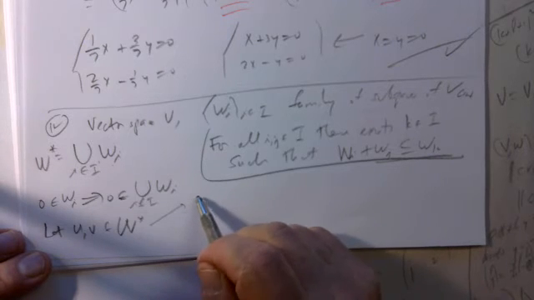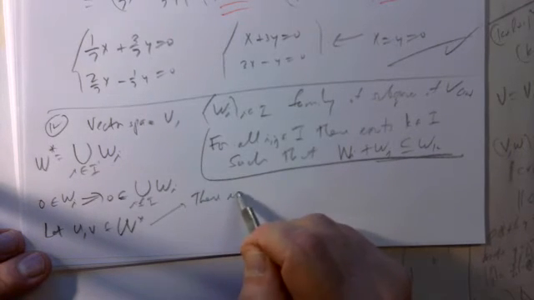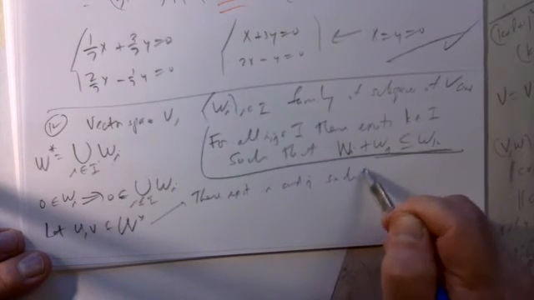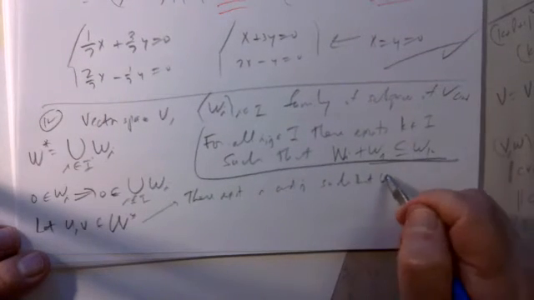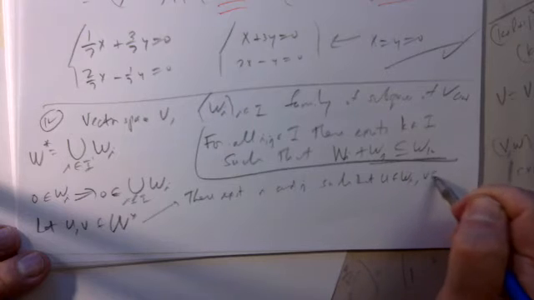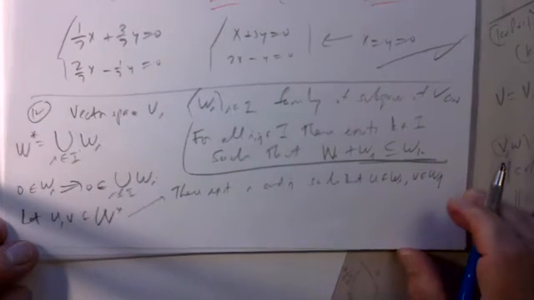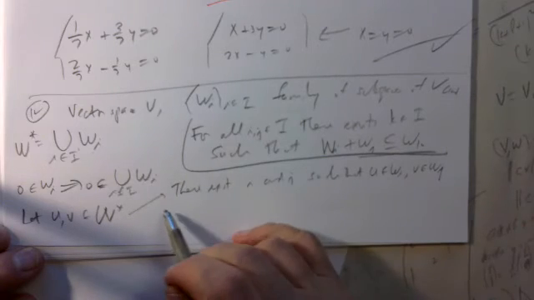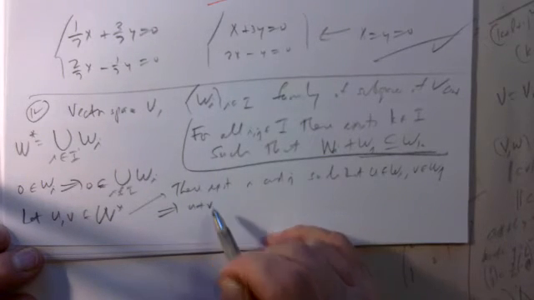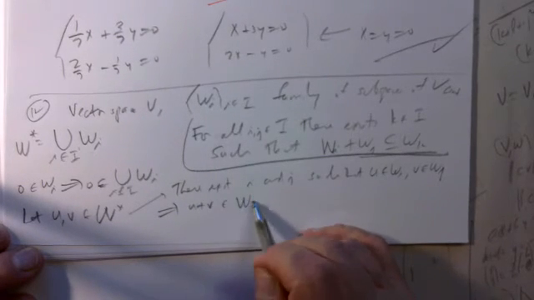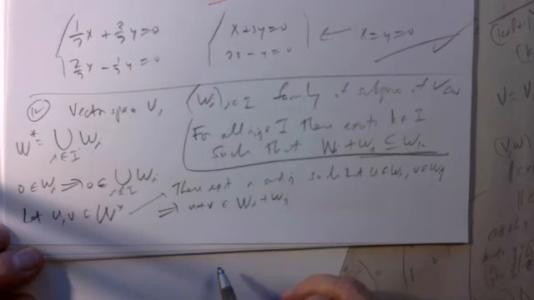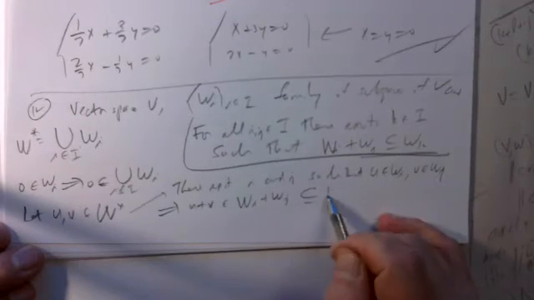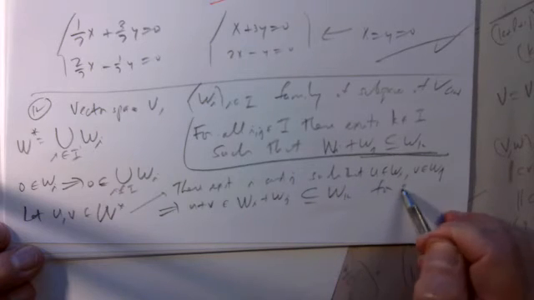So there exist i and j such that u is in Wi and v is in Wj. So u plus v, the sum of the two vectors, is in Wi plus Wj. And what we know is that this sum is contained in Wk for some k.